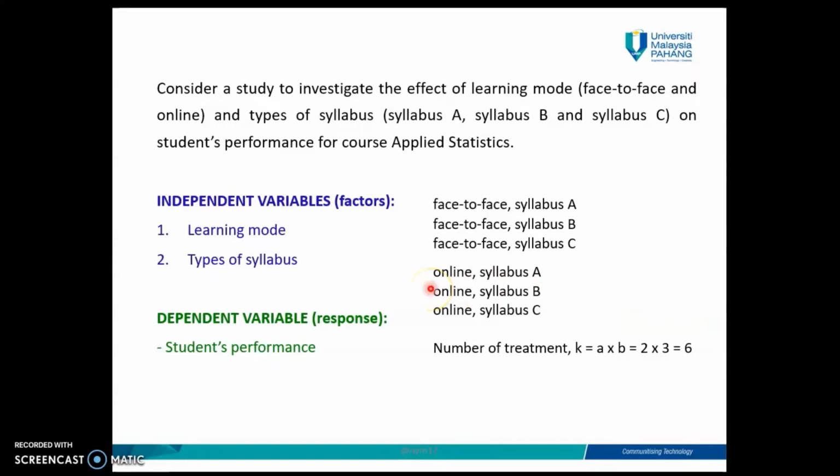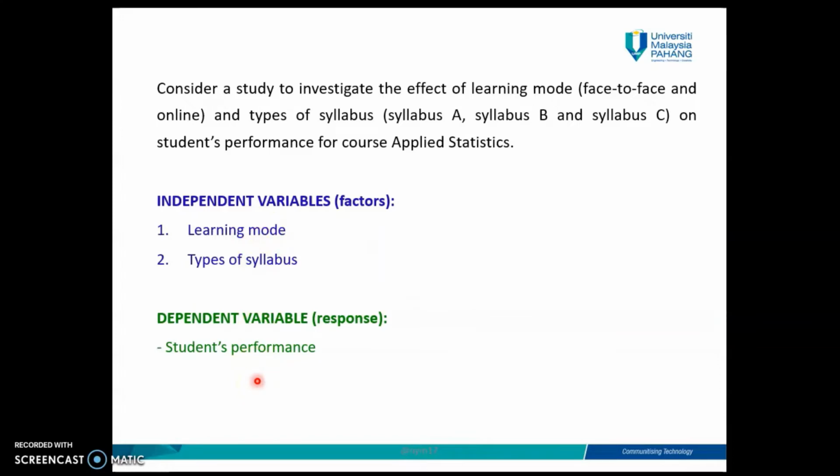We're trying to understand whether or not these 2 factors affect the student's performance. So when you have 2 factors, class, there are several possibilities. Maybe both factor A and B do affect the student's performance. Maybe these 2 factors interact with each other to give effect to the student's performance.